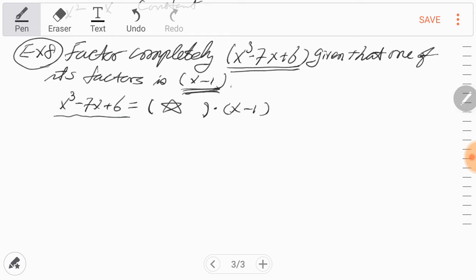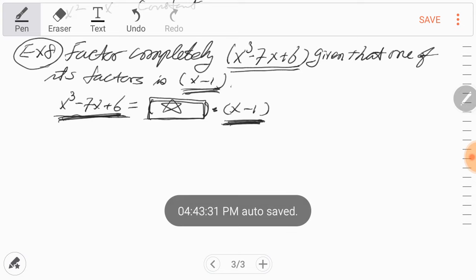So this is divisible by x minus 1 because the remainder is 0. Remainder is 0, so this is factorable.